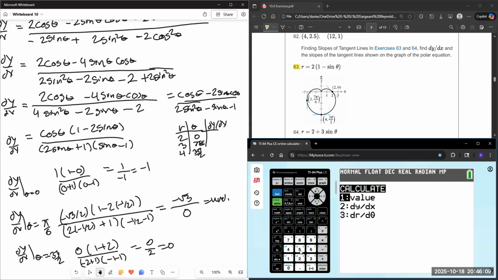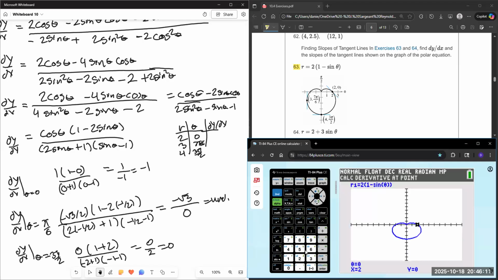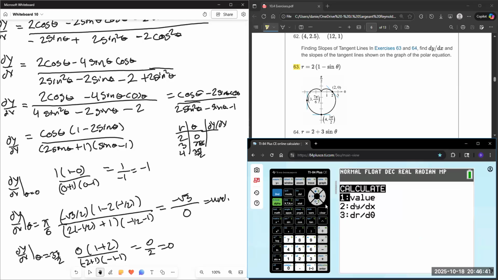Second calc, dy/dx when theta is equal to 7 pi over 6 is, there's our, it's a really big negative number. It's negative infinity. It can't calculate it. It can't represent negative infinity and say error, but look at that, it says times 10 to the 8th. It's a huge number. So don't trust the calculator to give you infinity or negative infinity.